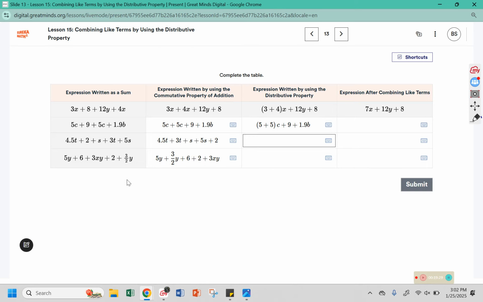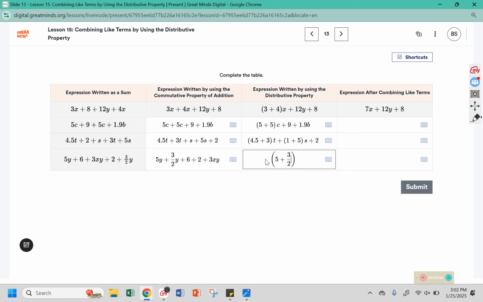Here I have 4.5 and 3 t, and I have 1 and 5 s and a 2. In this one I have 5 and 3 over 2 for the y's.